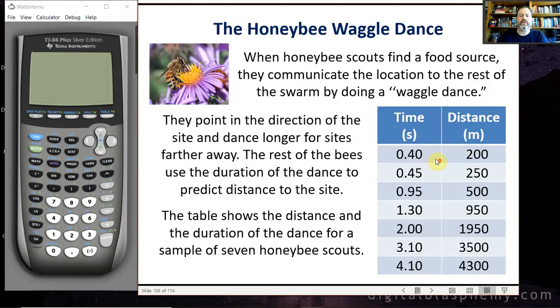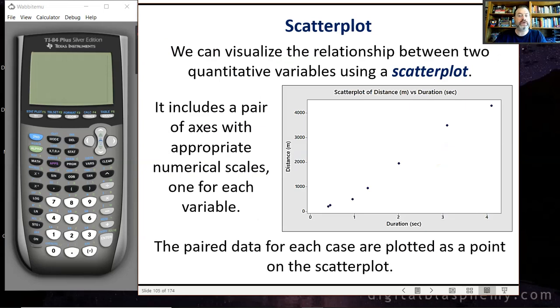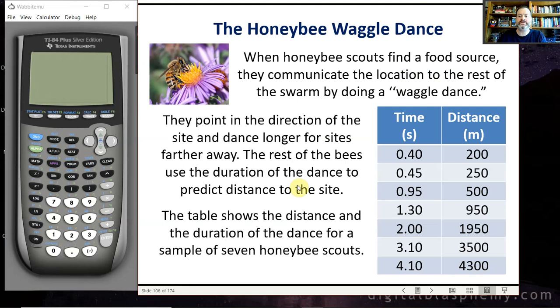I'm going to go back one slide and show you what the graph looks like. That's what this scatterplot was. You can see each case, so each honeybee scout appears as a single dot, and the coordinates of the dot tell you the x and y coordinates. The explanatory variable is in the first column, and the response variable is in the second column.